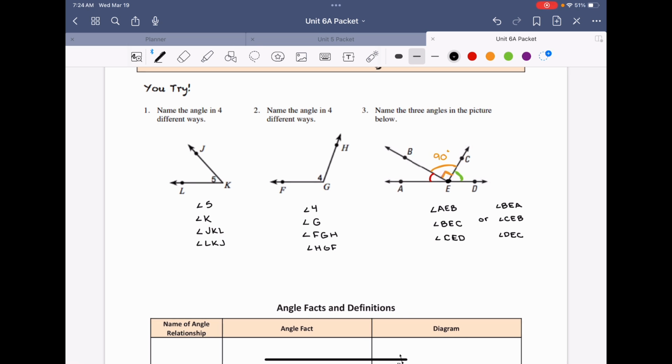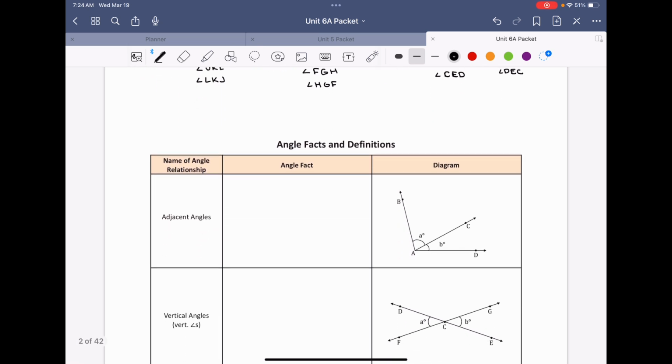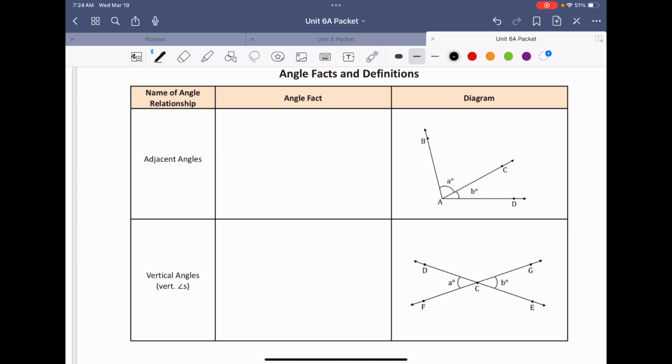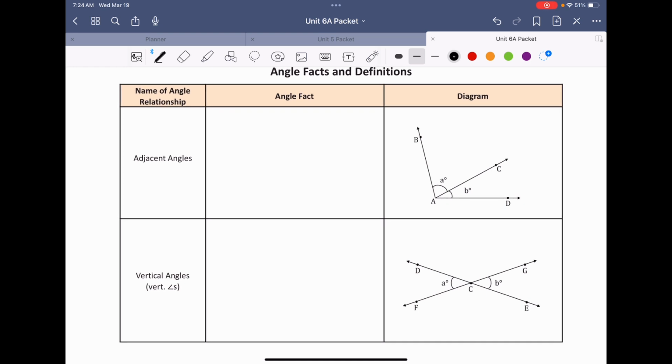Next, we're going to look at our facts and definitions. The first type of angle relationship we're going to look at is adjacent angles. Adjacent angles, all that means is they are going to share a common ray. So we're going to write that down, share a common ray.